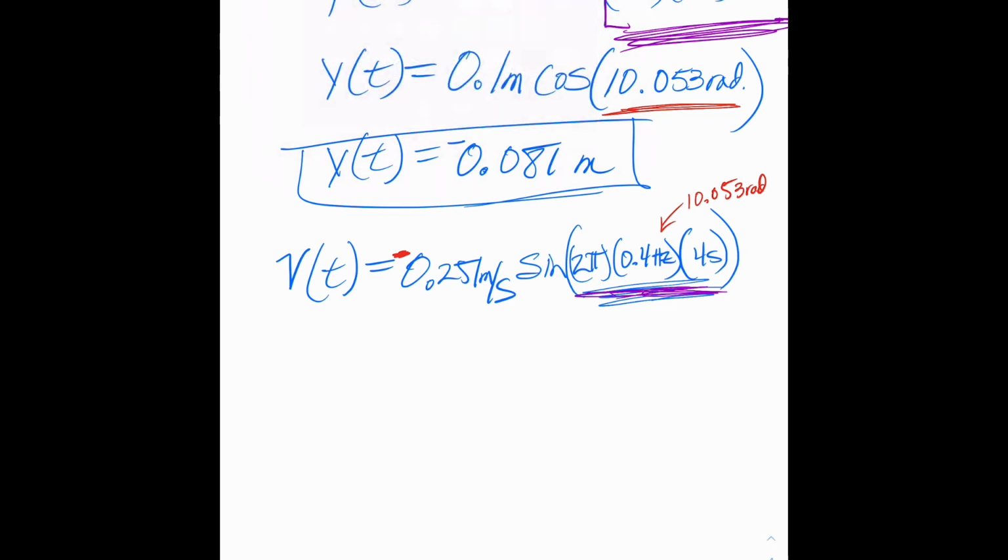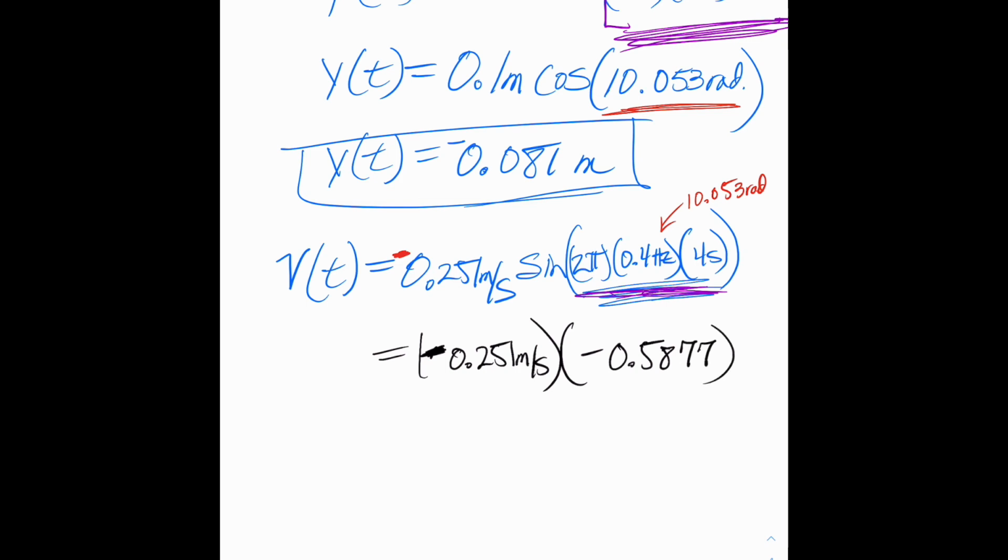So this is going to be negative 0.251 meters per second times the sine of that, which was negative 0.5877.